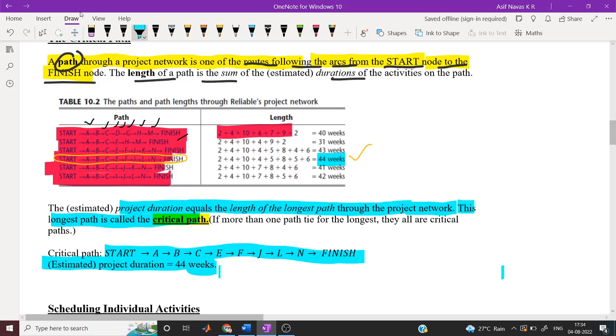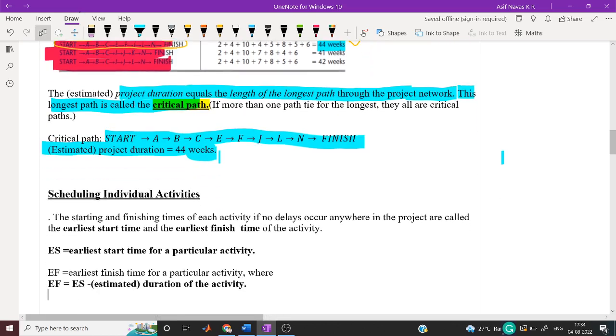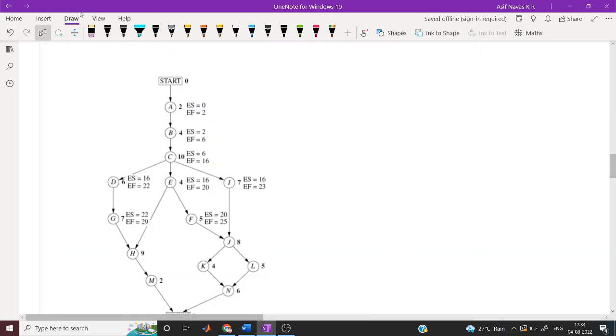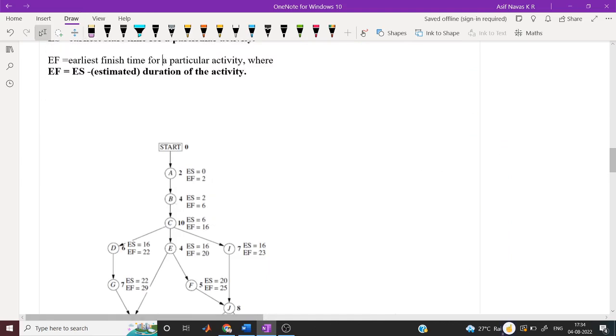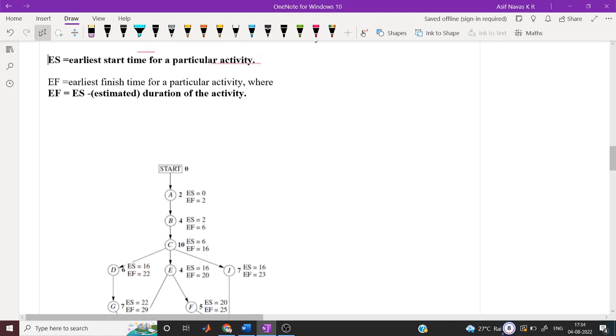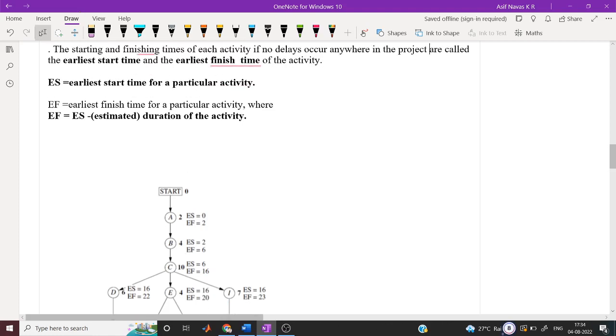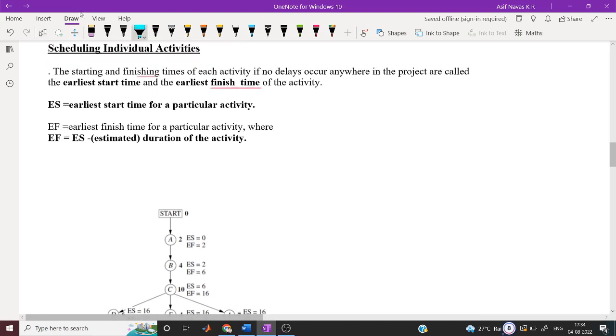Now after that, we will find the scheduling of individual activities. For that, we will discuss the earliest start time and the earliest finish time. The starting and finishing time of an activity, if no delay occurs anywhere in the project, are called the earliest start time and the earliest finish time.